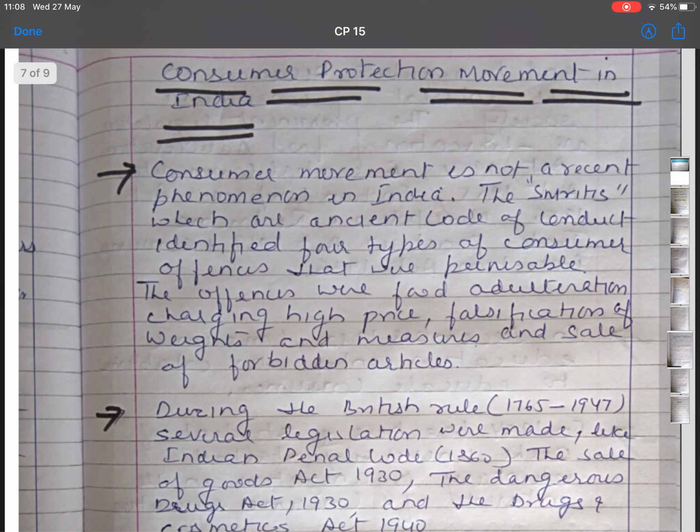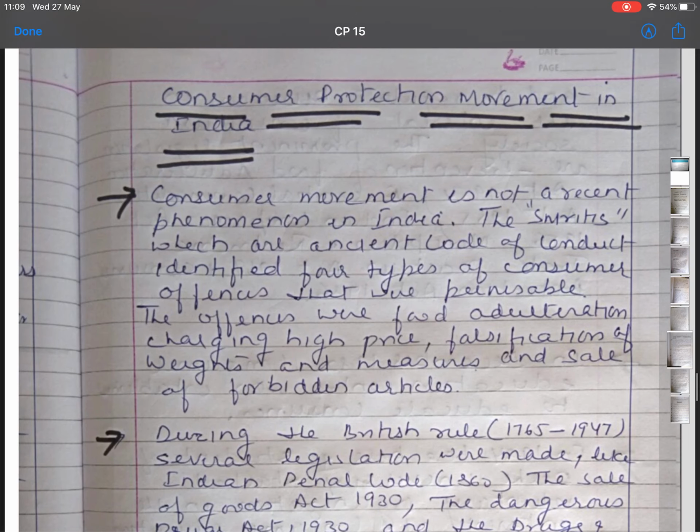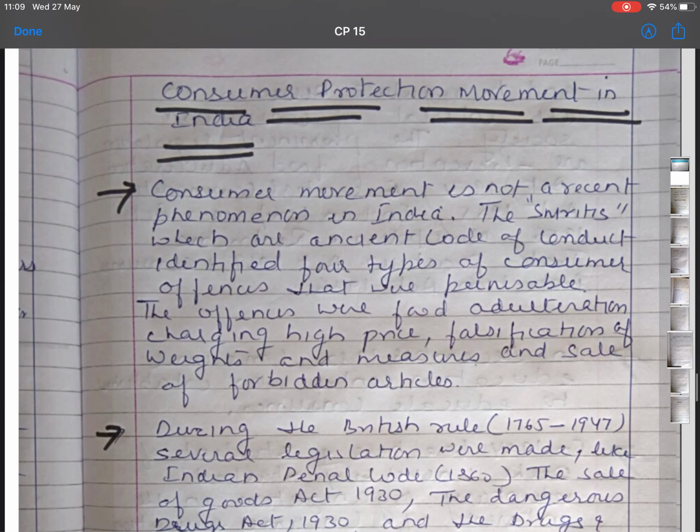Now, the next topic is the consumer protection movement in India, or a brief history of the consumer protection movement in India. The consumer movement is not a recent phenomenon in India. The issue of consumer protection was well described in the ancient Dharma Shastra too.